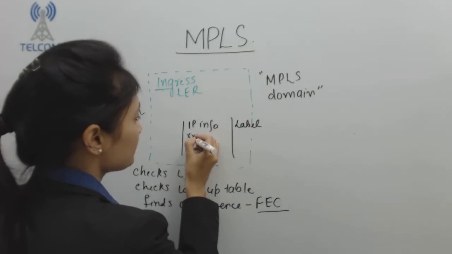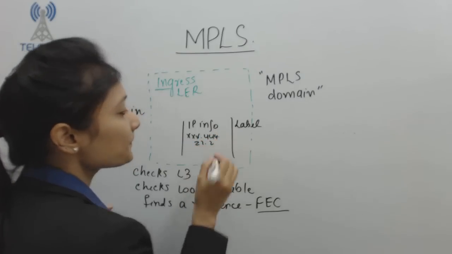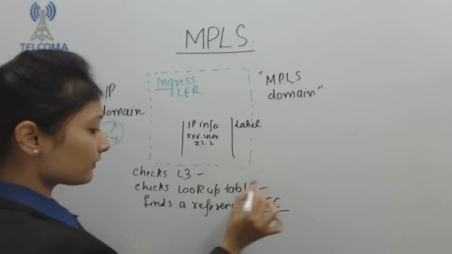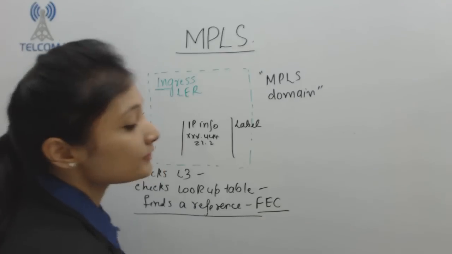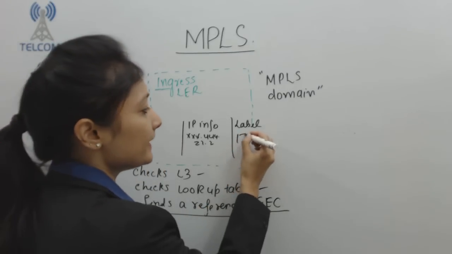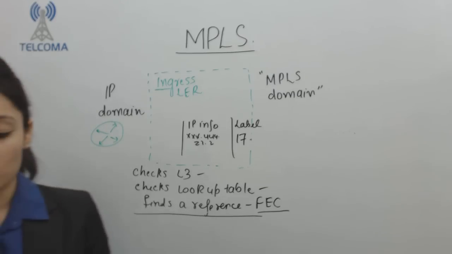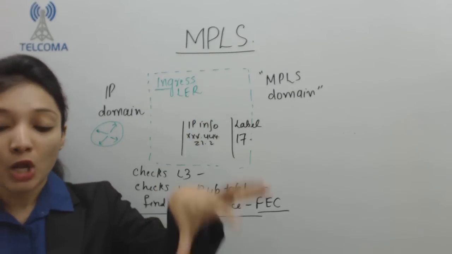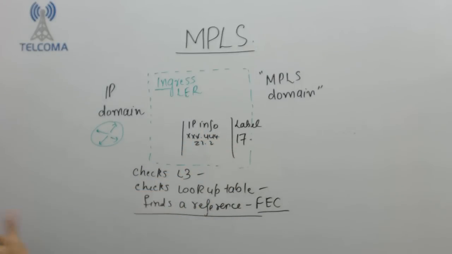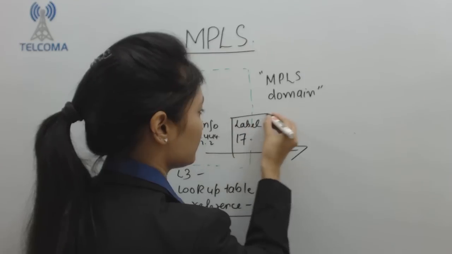So it will check the information, check the lookup table, find a reference for the class to which it belongs, and then assign a label to it. For example, it assigned label 17 to it. That means this label is added, pushed to that packet. After that, it will be forwarded to your MPLS domain.